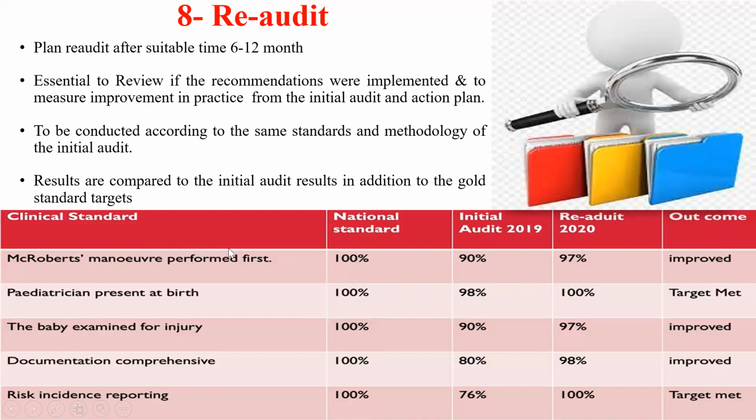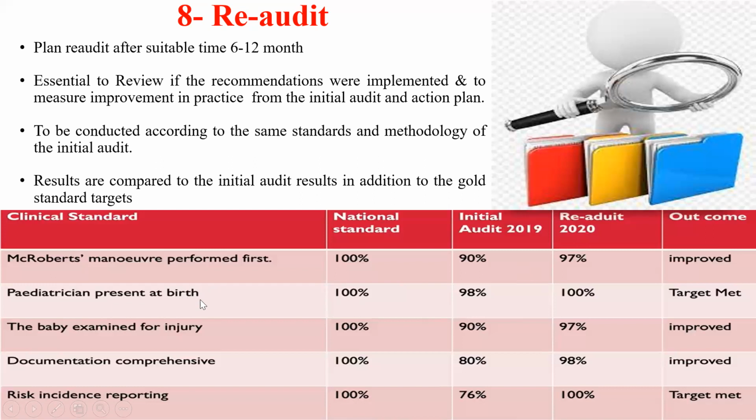So again, for example, if the MRCOG technique was done in 80% in our practice in the initial audit, and in the re-audit, it is 97%, but the national audit is 100%. So it means there is improvement in our practice, but still we did not reach the target.